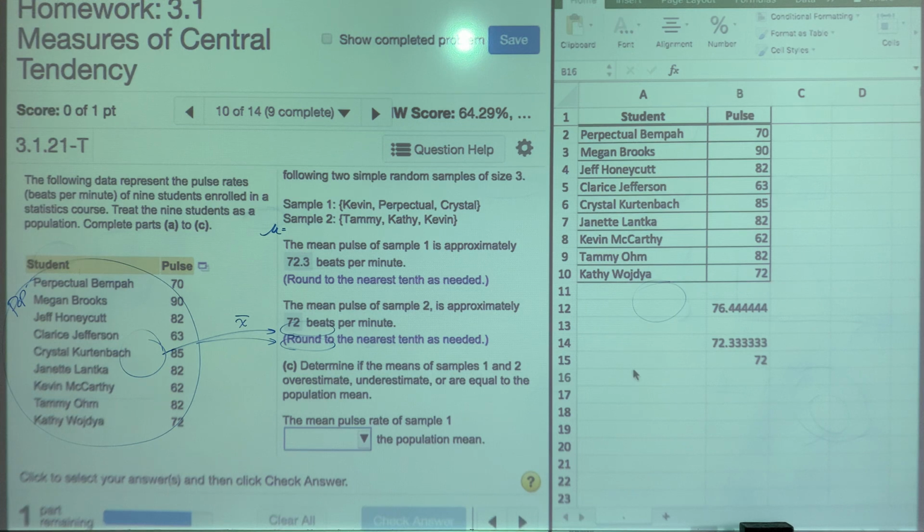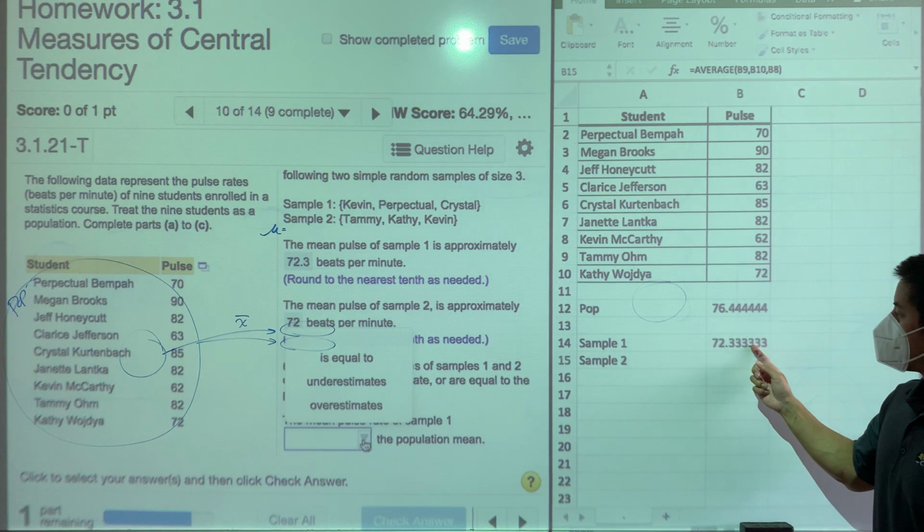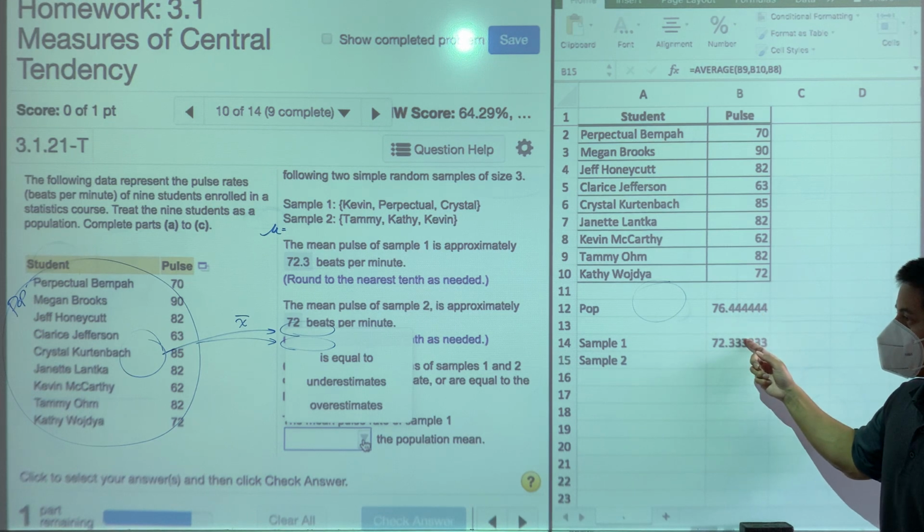So now we're going to compare sample 1 and sample 2 to the population. All three of these values are means. This is the population mean. These are my two sample means. You guys follow? So the mean for sample 1, is this mean lower, underestimating it, equal to, or overestimating it?